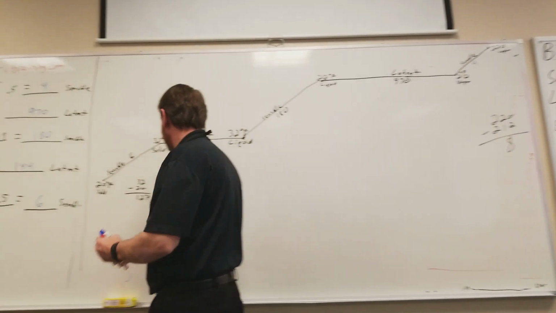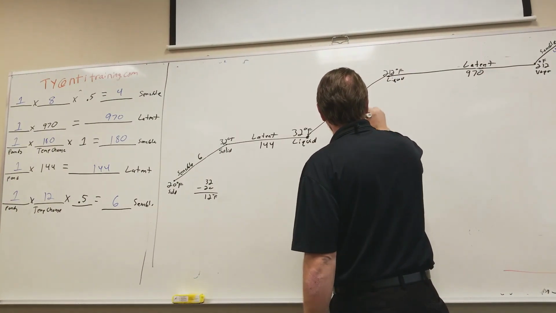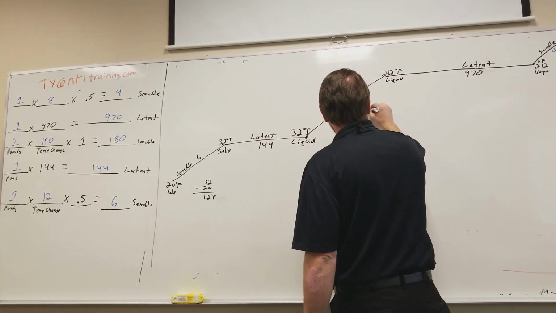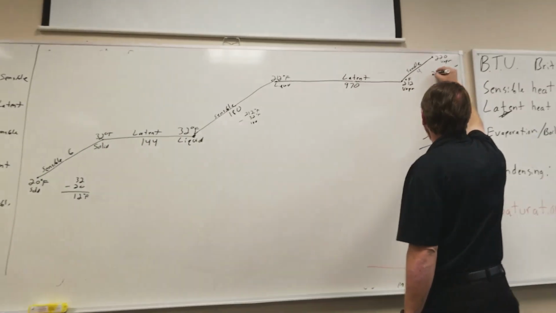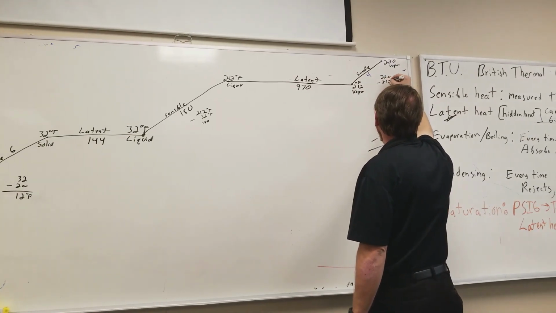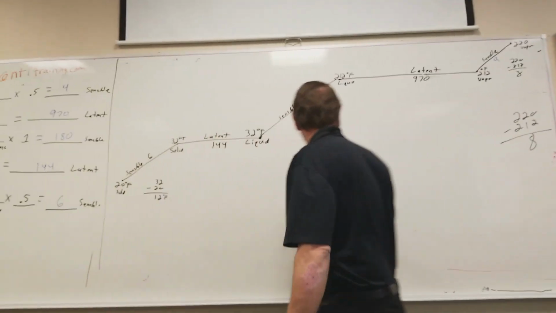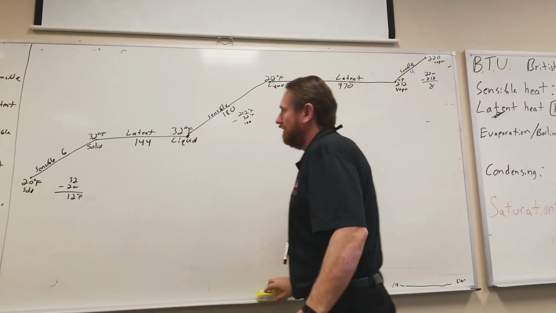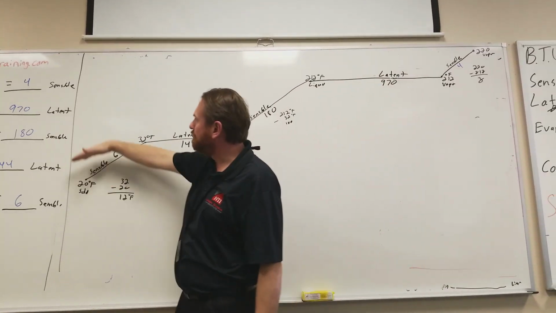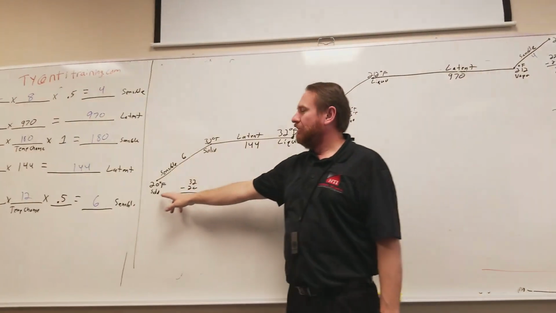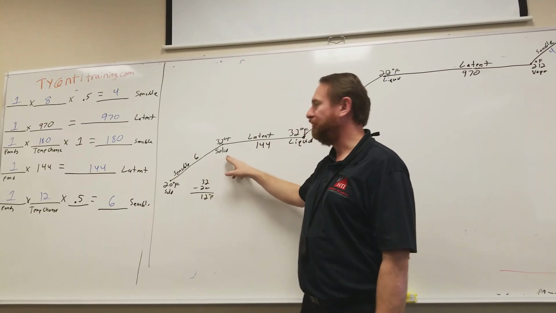So, temperature change, 212 minus 32, 180. No temperature change, 220 minus 212 equals 8. So here, if we calculate this being BTUs across here, this being temperature change up here, we have several states going on. We have to take it from solid to solid temperature change.